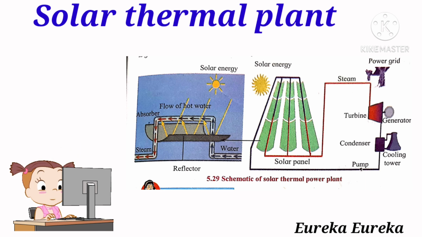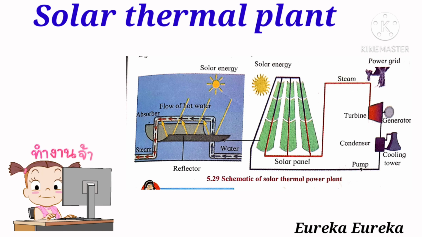In this solar thermal power plant, there are many reflectors that reflect and concentrate the solar radiation on the absorbers. And here, the solar energy is converted into heat energy. This heat energy is used to boil the water and convert this water into steam.